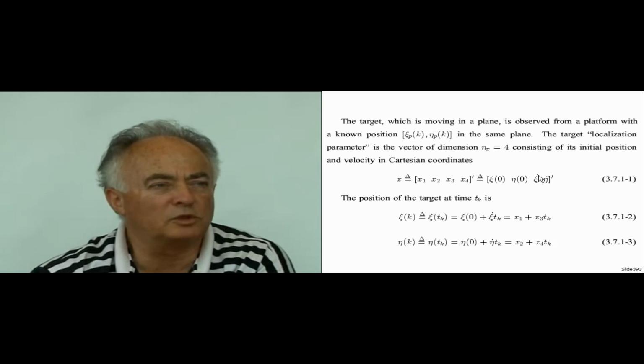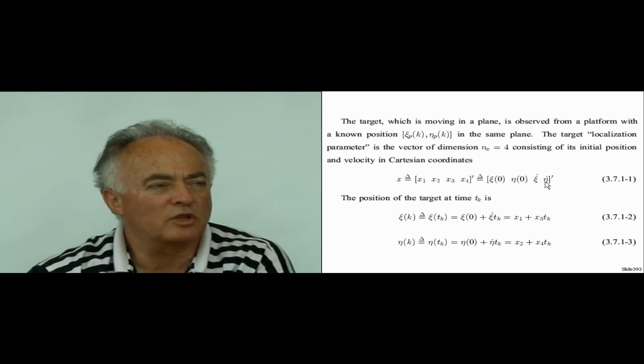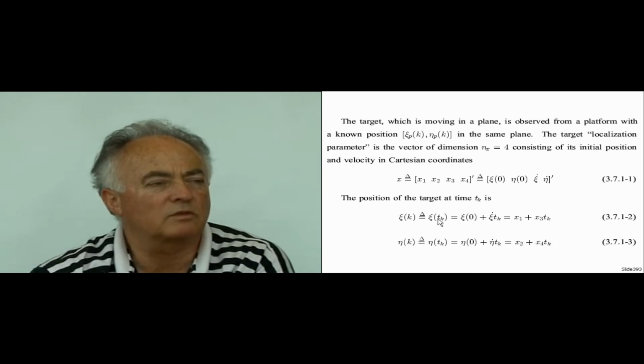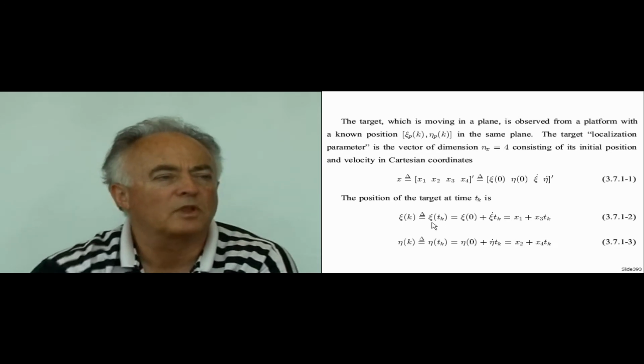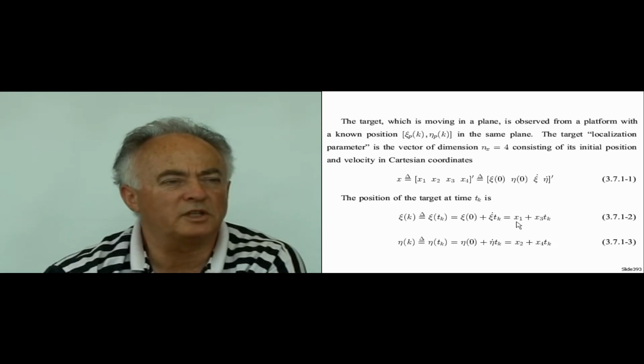So we have a four-dimensional parameter vector. The position at time tk of the target, psi k or psi tk, these are two different notations that we'll use later also, sometimes just the index, sometimes the actual time indexed, is the initial position, psi 0 plus psi dot tk, or x1 plus x3 tk.